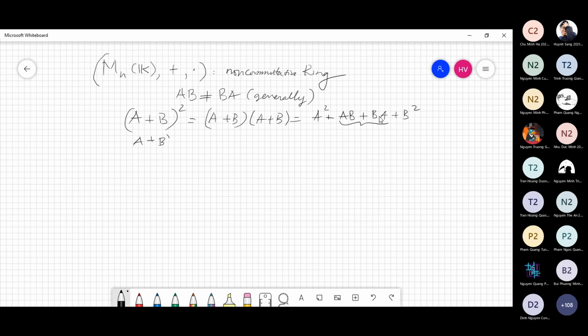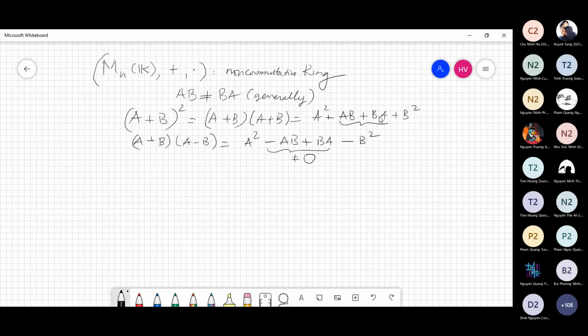But one more computation. Normally you have here A squared minus AB plus BA minus B squared. Actually, if AB equals BA, then minus AB plus BA is 0. But here generally it is not 0.